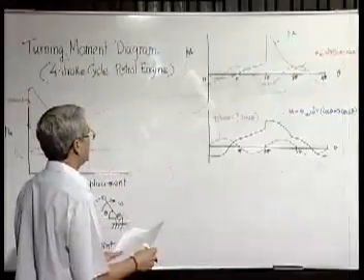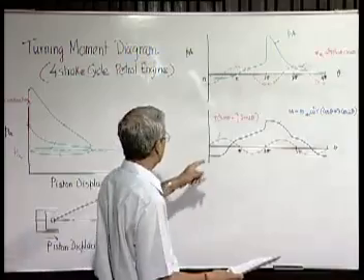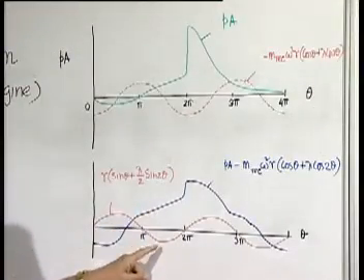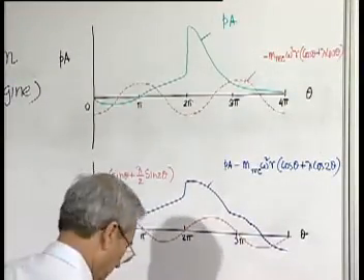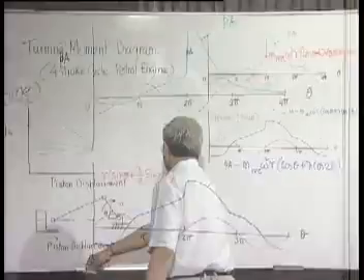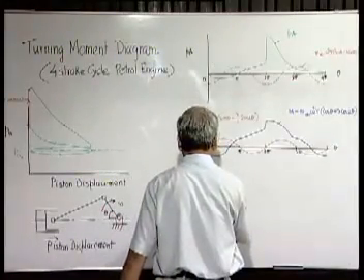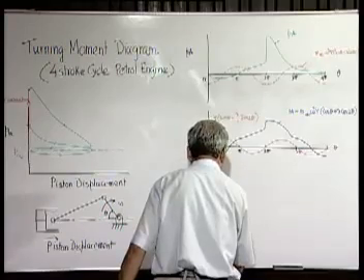So finally the turning moment will be nothing but the product of this and this value. Thus, we can draw the final turning moment diagram.